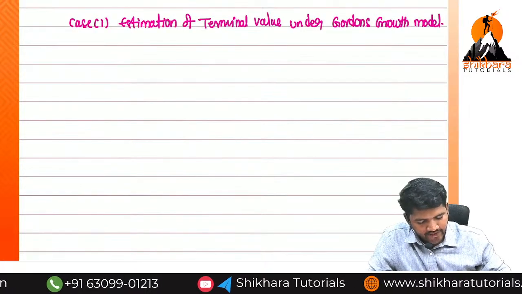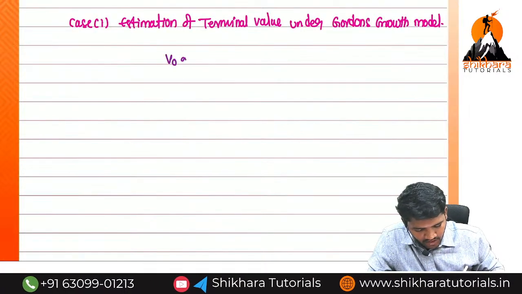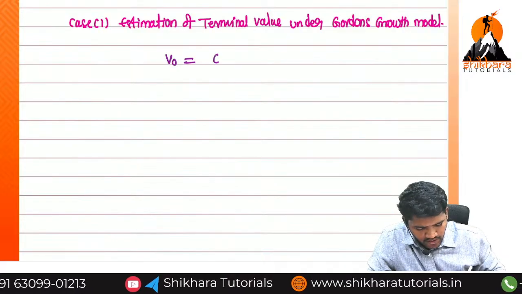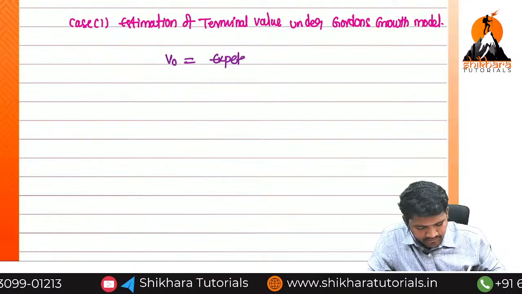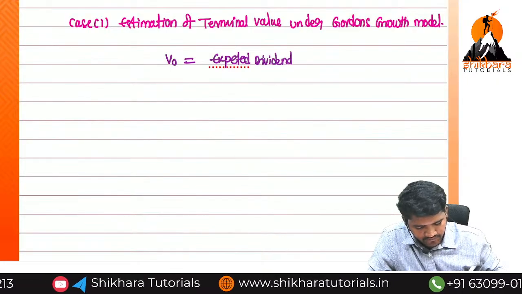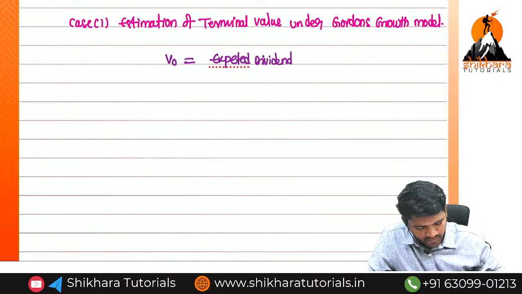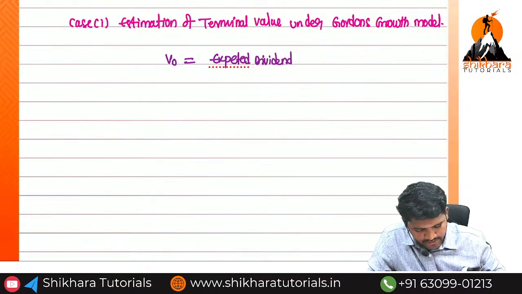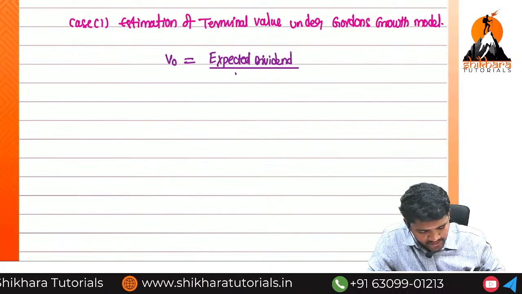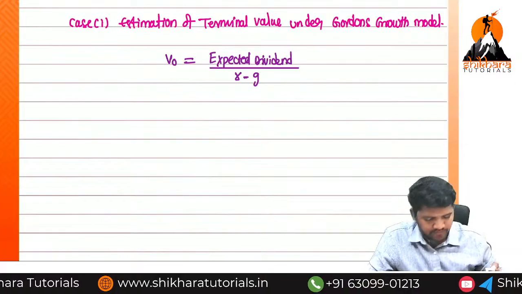Now you can write the direct formula. V0 or P0, go with any one word, that is sufficient. V0 equals expected dividend divided by required rate minus growth.